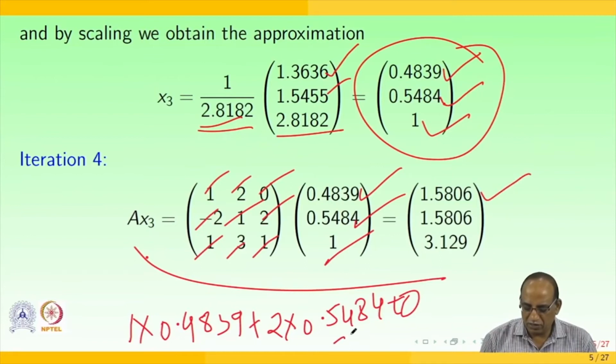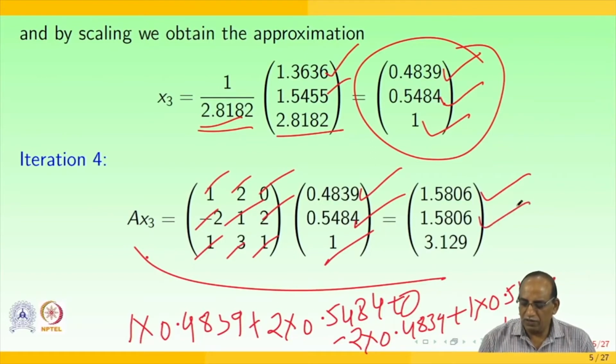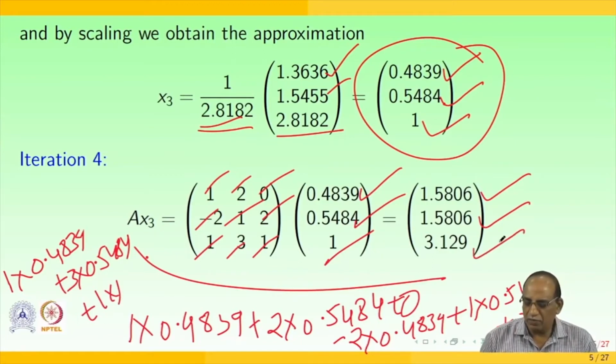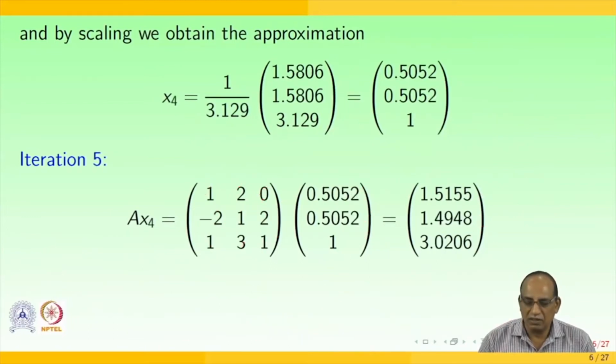In the second row, minus 2 into 0.4839 plus 1 into 0.5484 plus 2 into 1 turns out to be 1.5806. The third one is 1 into 0.4839 plus 3 into 0.5484 plus 1 into 1, which turns out to be 3.129 in the fourth iteration.